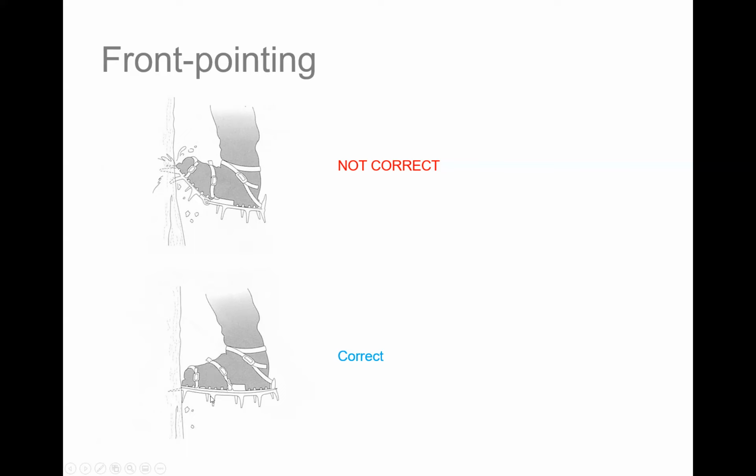So think of the crampons and boots that you're going to use: when your front points are in the ice, you're essentially making a mobile platform for you to stand on. And this is really what you want.